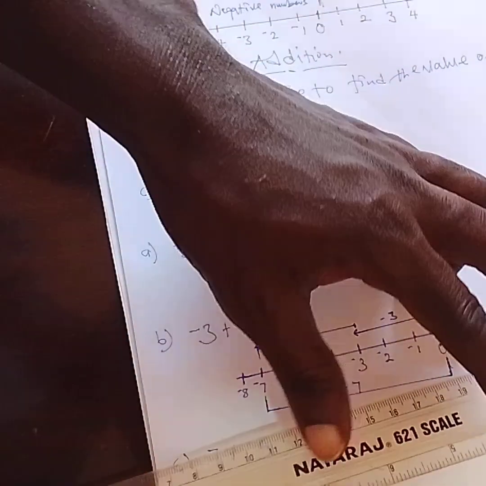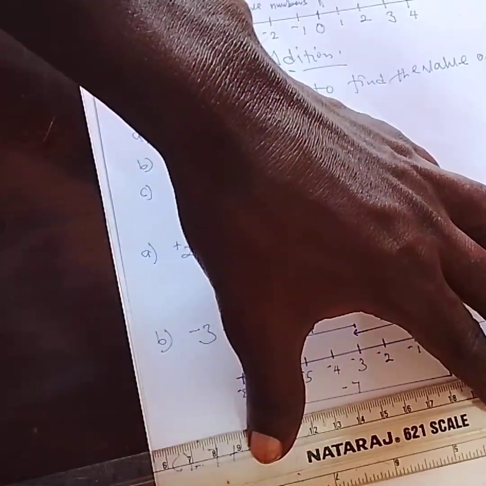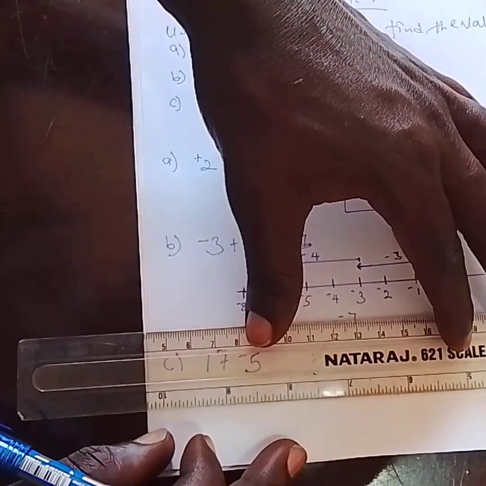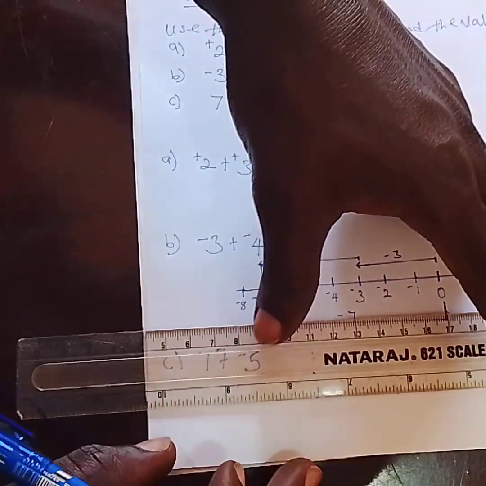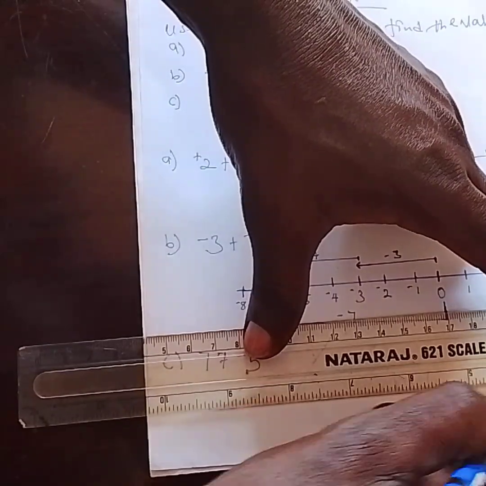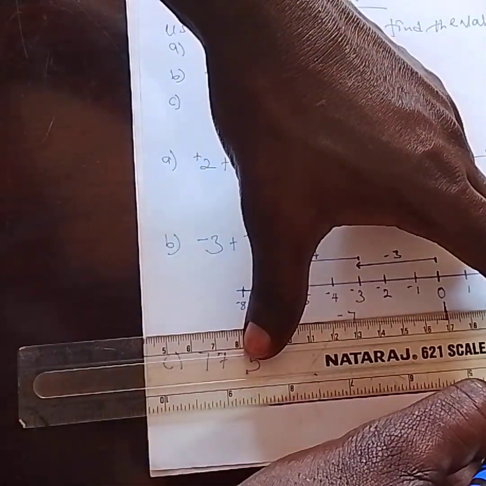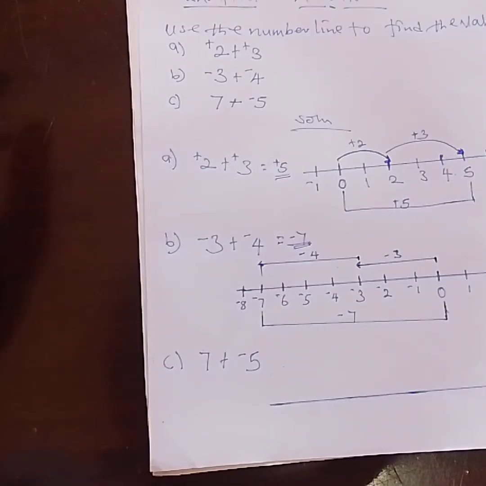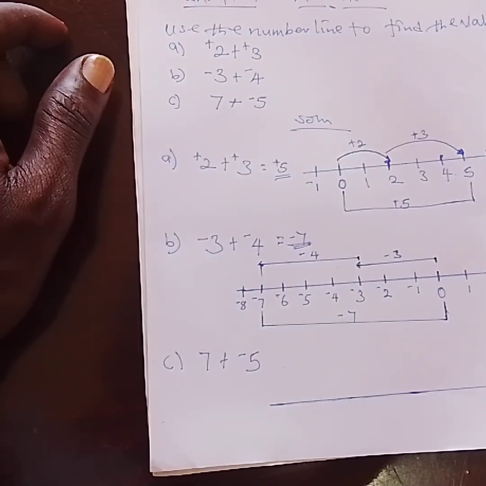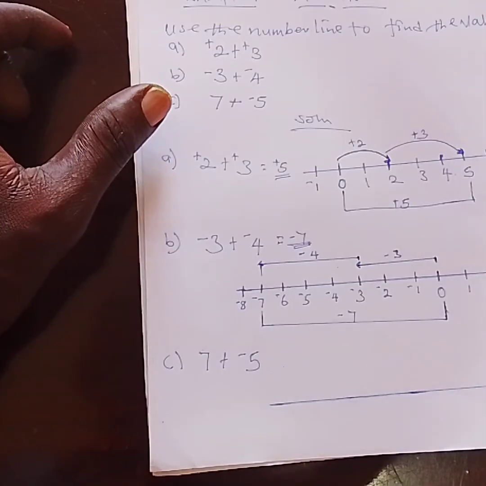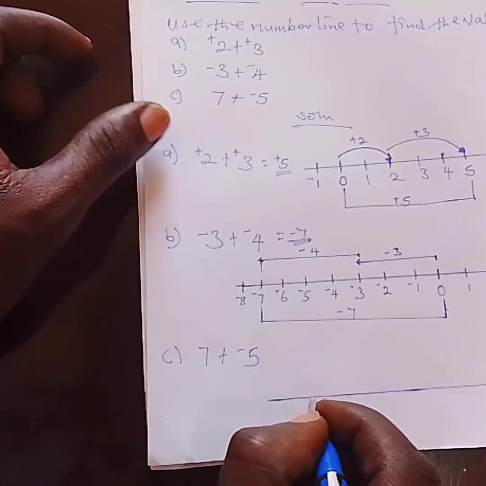So let's draw our number line. Our number line we draw here. Then we put our numbers. So now we shall start our numbering from here.